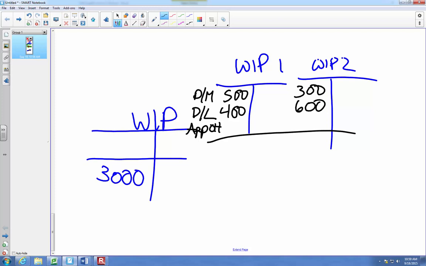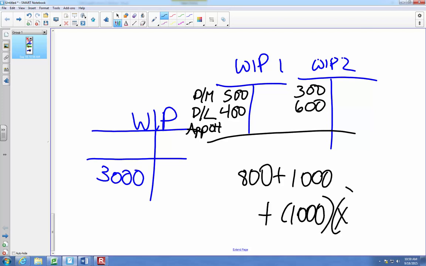Direct labor. So this times some percentage is going to equal this, isn't it? So it's just algebra. Direct materials, 800. Direct labor, 1,000. Plus, I'm applying my overhead at some ratio of 1,000. Solve for X. That's it.